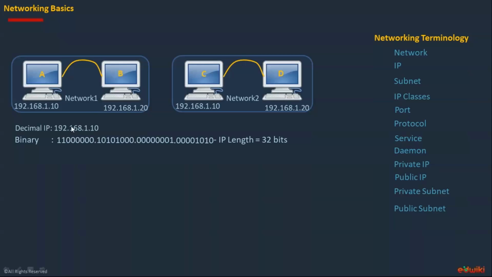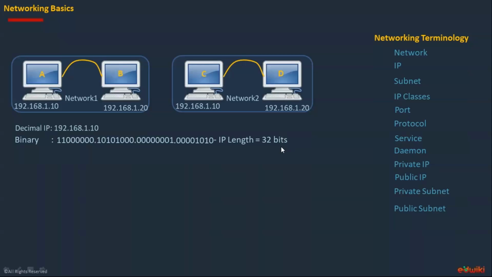So when this decimal IP is divided into a binary format, each octet, each field, is converted into a total of 8 bits. 192 is converted into 8 bits, 168 is 8 bits, 1 is 8 bits, 10 is 8 bits. In total, your IP is now converted into 32 bits.